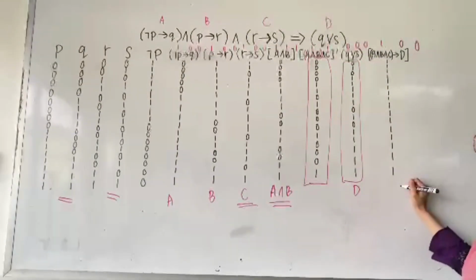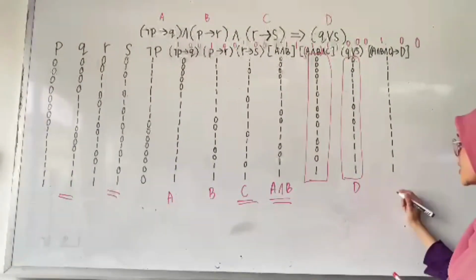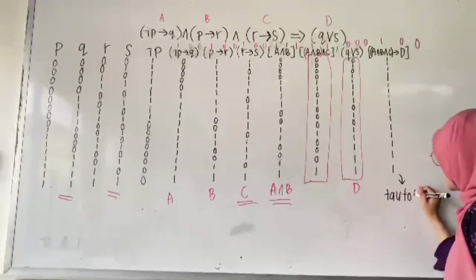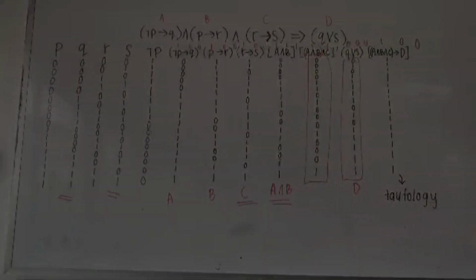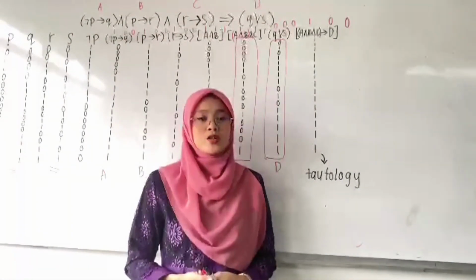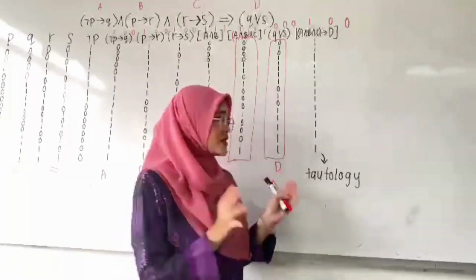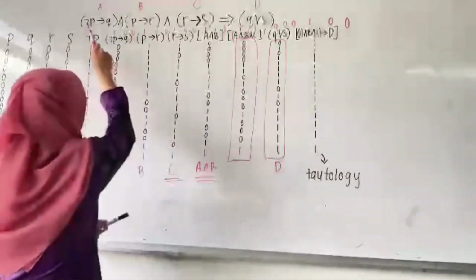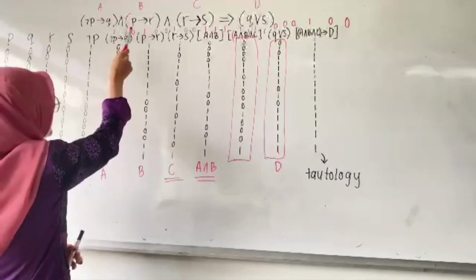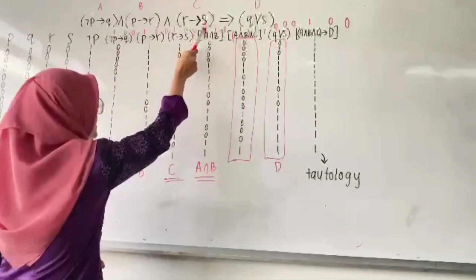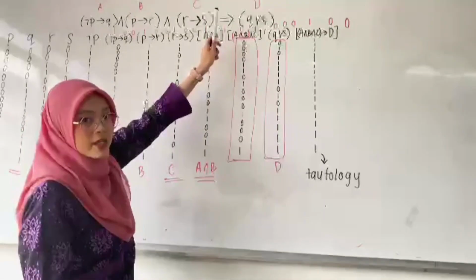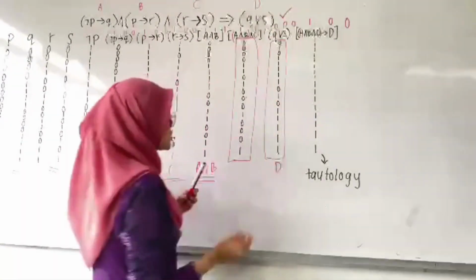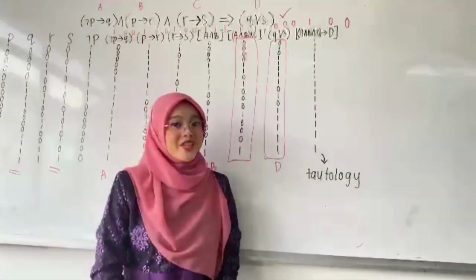This means that since the last column is a tautology, not P implies Q and P implies R and R implies S logically implies Q or S. So this statement is a logical implication.